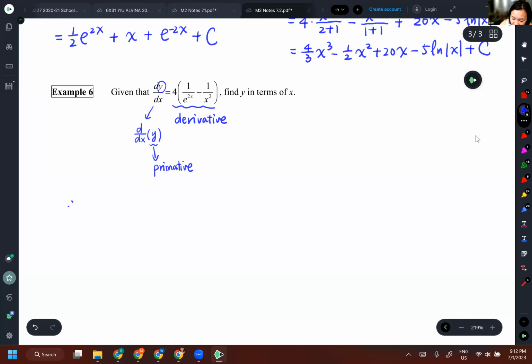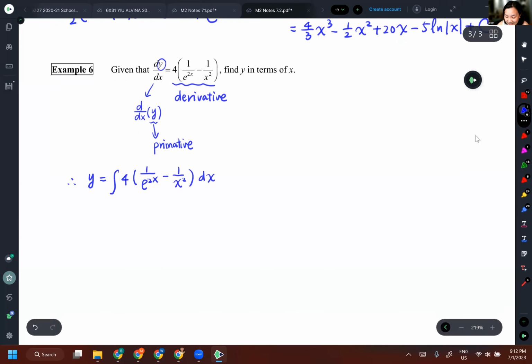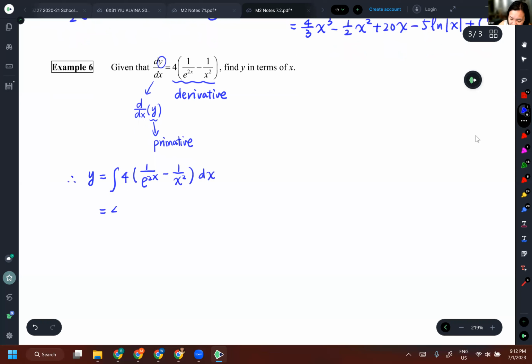Therefore, you have y equal integrate the derivative. Okay, and then you just integrate like this. E to the power negative 2x dx minus x to the power negative 2 dx.